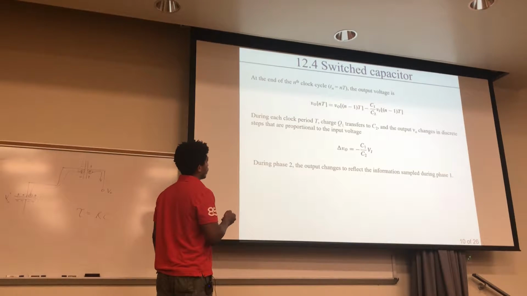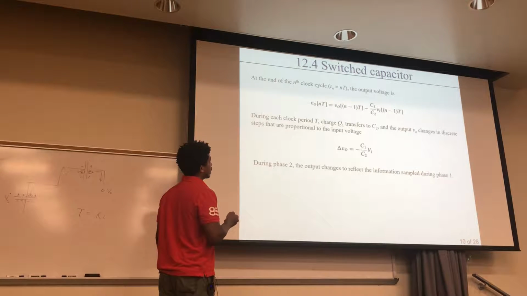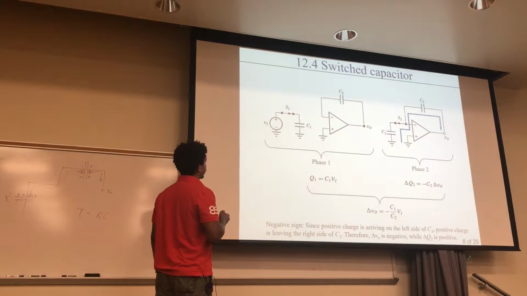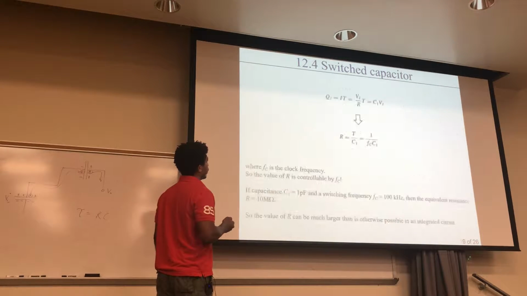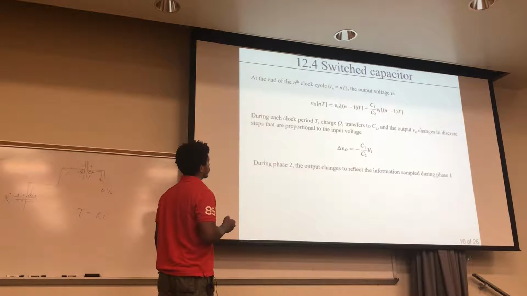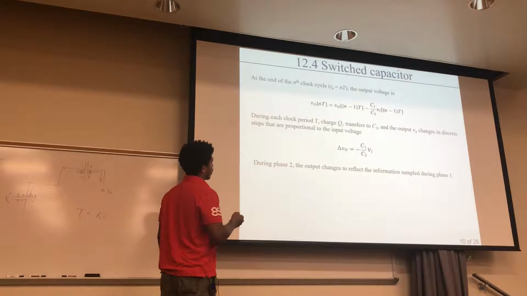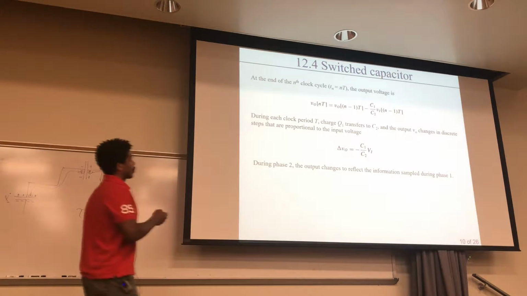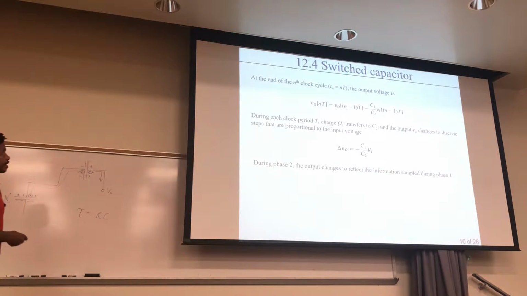Here's n minus 1 times T, so that's 1 period earlier. So it's what the voltage used to be minus your new voltage. So this is the voltage that's coming from V1, which is right here. And so it's this last voltage minus this piece right here. And that's why this is going downhill, like decreasing in time.